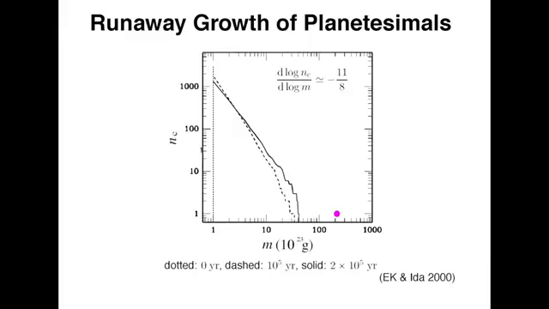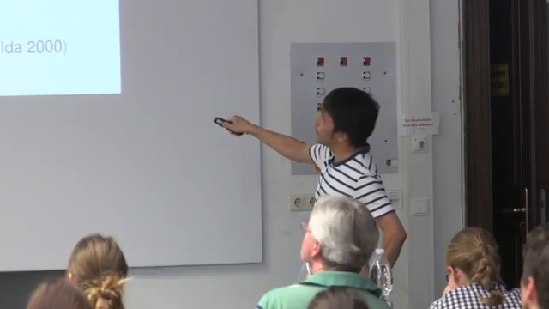And this figure shows the mass distribution for the same simulation like this one. So this is mass, and this is the cumulative number of planetesimals. Initially, all the planetesimals have this mass. And after we started simulations, it relaxes to some power distribution.